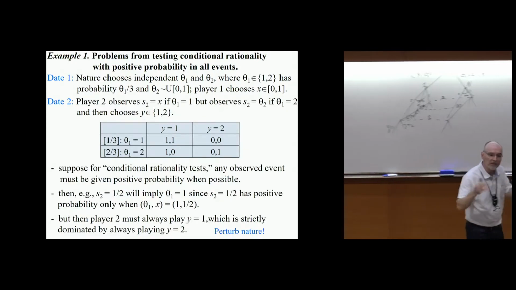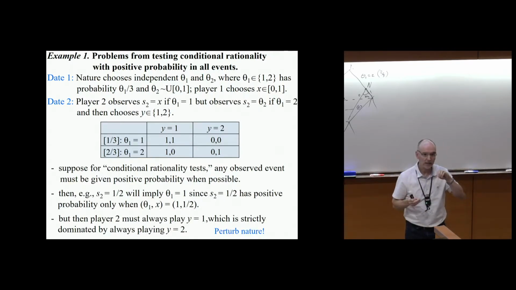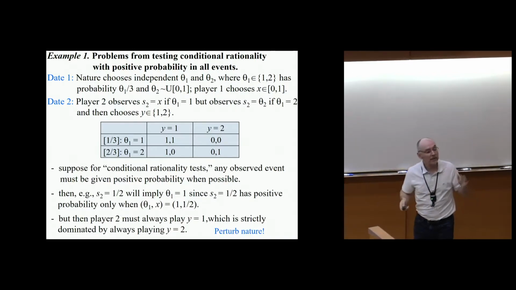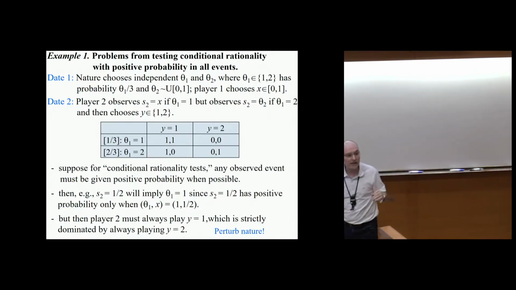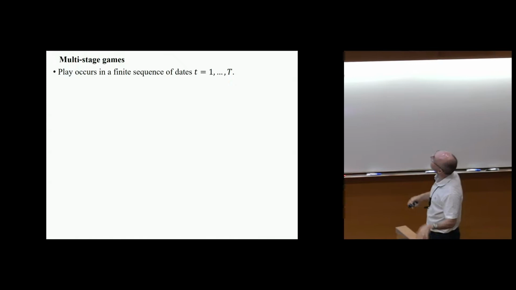You can perturb both nature and the players, but you might as well just perturb the players, because the positive probability states swamp the tiny perturbations that you might do for nature anyway. So in some sense, you could say that Kreps and Wilson already perturbed nature, you just couldn't tell.